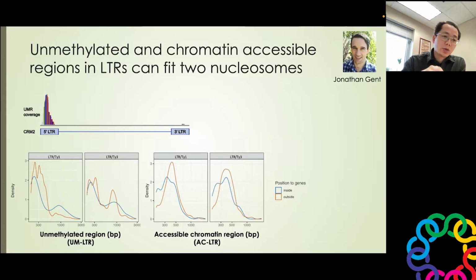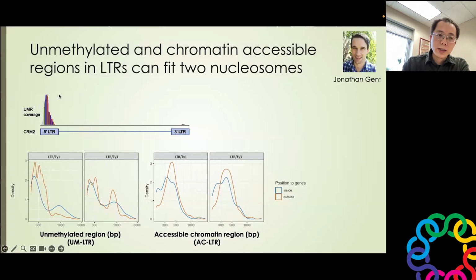And I further put them into the context of LTRs, like are these UMRs coming from the LTR itself, enclosed within the LTR? And then identify those LTRs carrying unmethylated regions that potentially can be expressed.